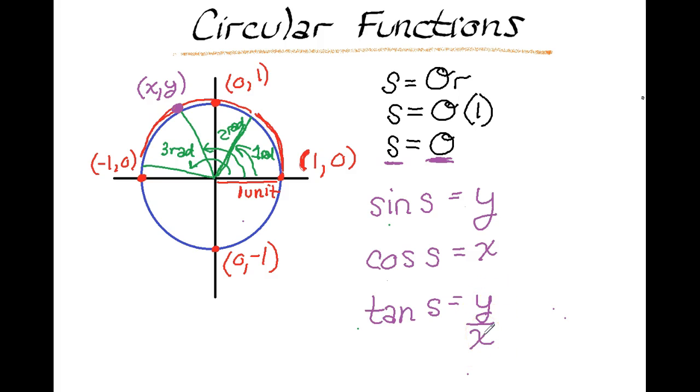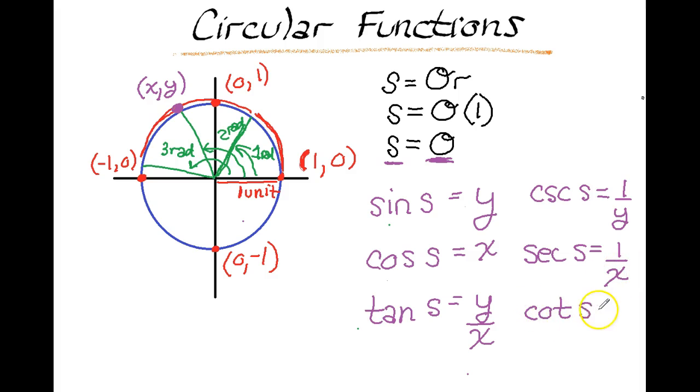How about our reciprocal functions? Our cosecant of s, because our radius is 1, is 1 over y. Our secant of s is 1 over x, and our cotangent of s is x over y.